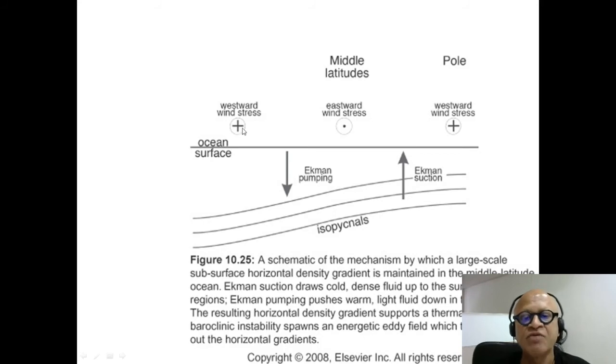So you have the trade winds coming into us here, and the westward wind stress going towards the west away from us. This is the tail of the arrow. Eastward wind stress coming at us, and that's the westward wind stress going out as well. So that's the pole, that's the mid-latitudes.